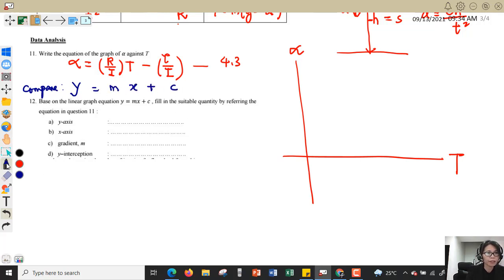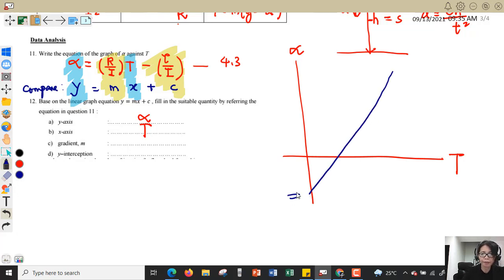We can see obviously our y-axis is alpha, our x-axis is t. Then the gradient of the graph is represented by r over I, and the intercept of the graph will be negative, equivalent to the frictional torque divided by I. So we shall get a straight line graph that will have a negative intercept. The gradient will be r over I, and the intercept will be negative frictional torque over I.